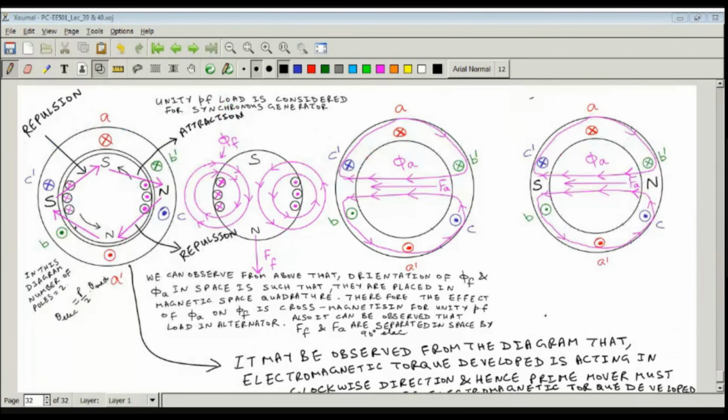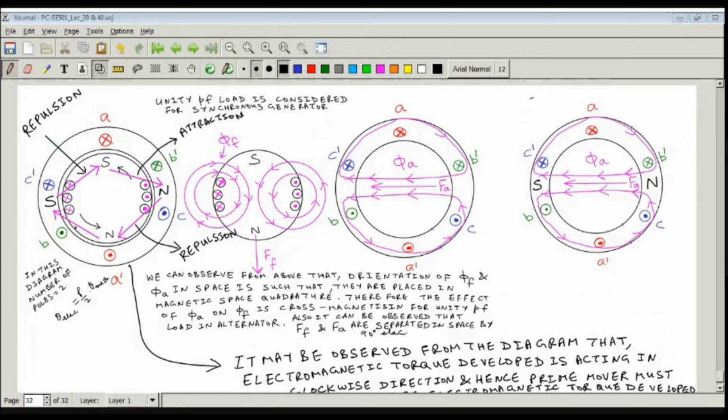Now, there is one more interesting point. If somebody asks you, by looking at the phasor diagram, is it possible to tell whether the phasor diagram is drawn for a synchronous motor or synchronous generator?